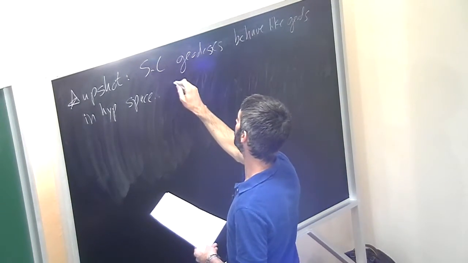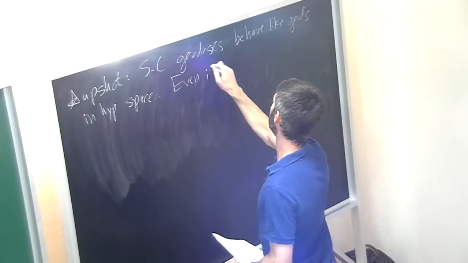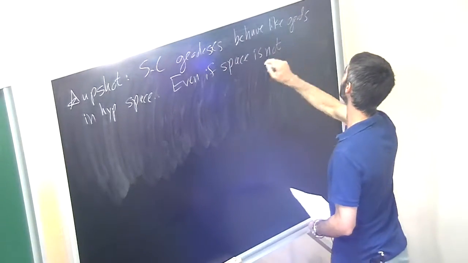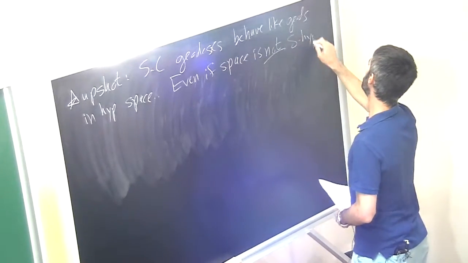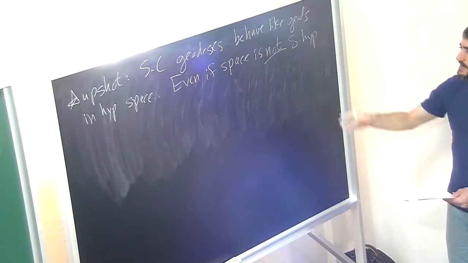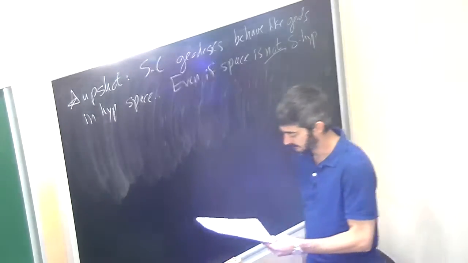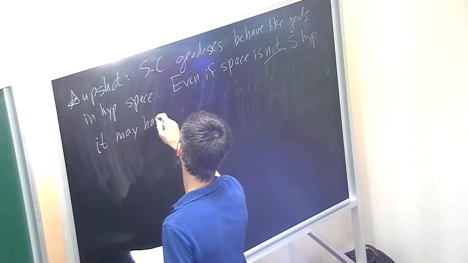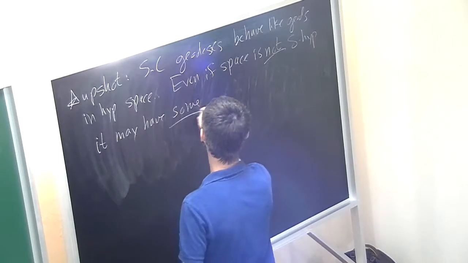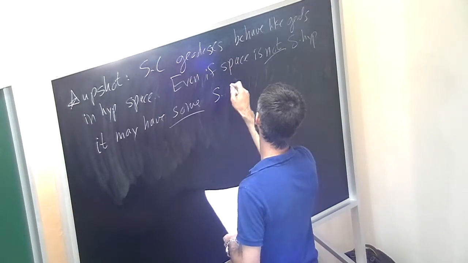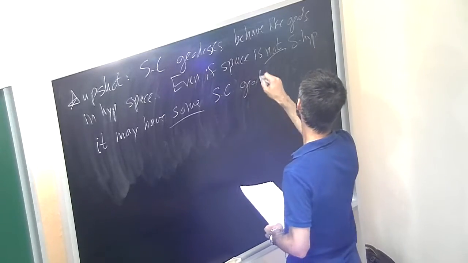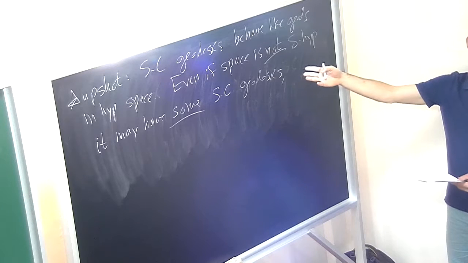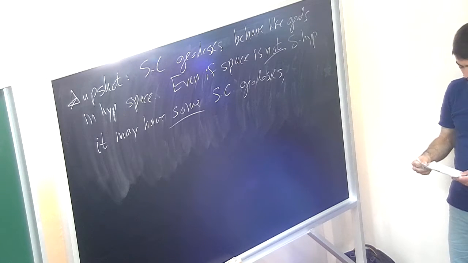So even if your space is not delta hyperbolic, you wish it was, but maybe it wasn't, it may still have some strongly contracting geodesics. And if it has them, they might be useful for doing some things. Okay, so that's the point.